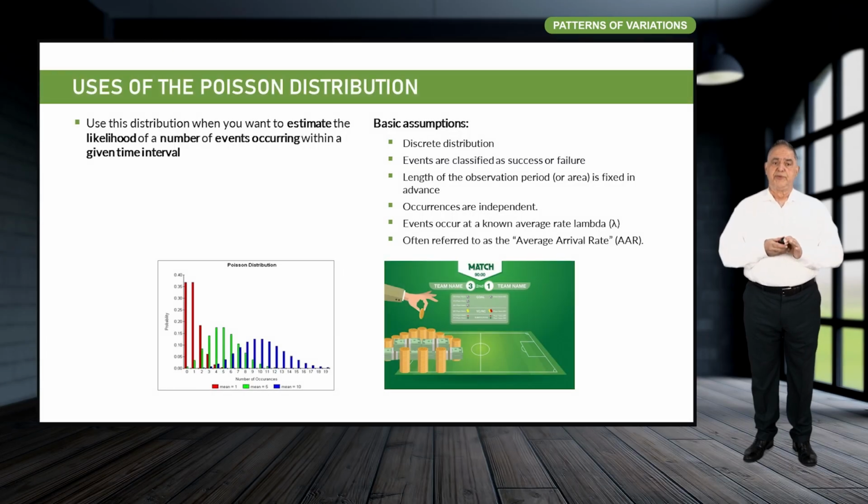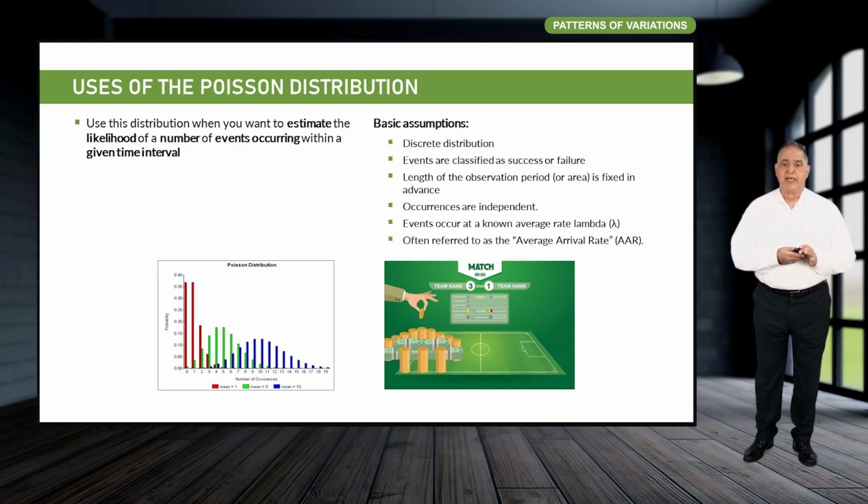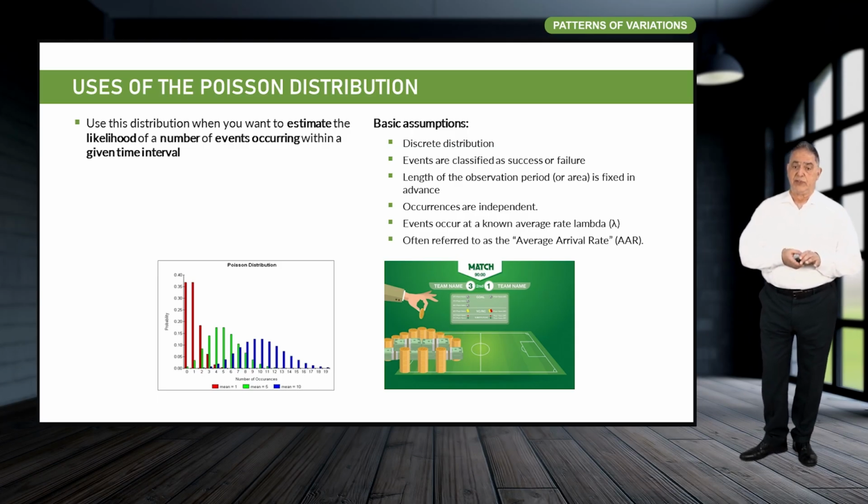So we use this distribution when you want to estimate the likelihood of a number of events occurring within a given time interval. The basic assumptions: we use discrete data, so we refer to a discrete probability distribution. Events are classified either as success or failure, and the length of the observation periods is fixed in advance.